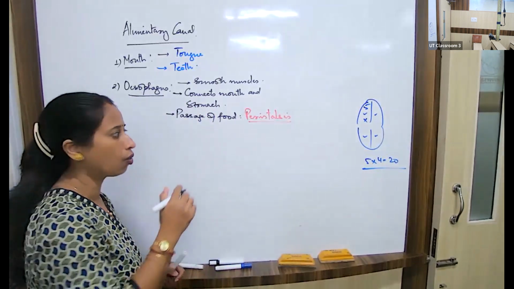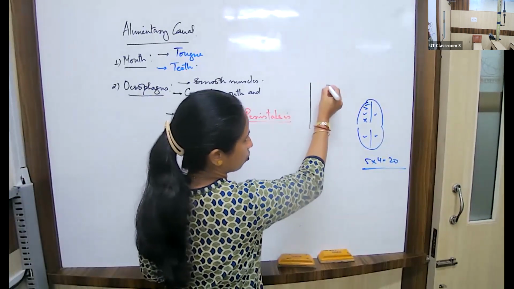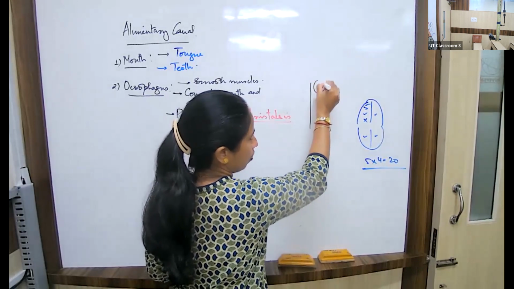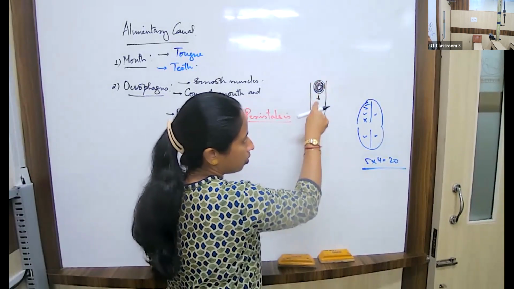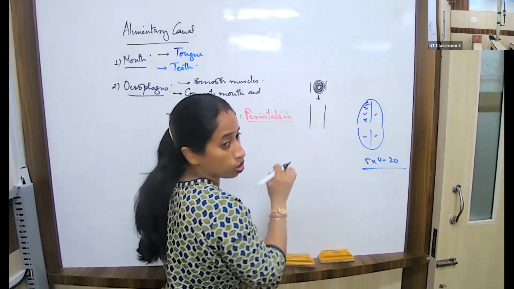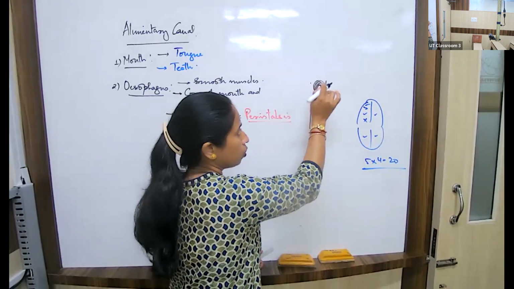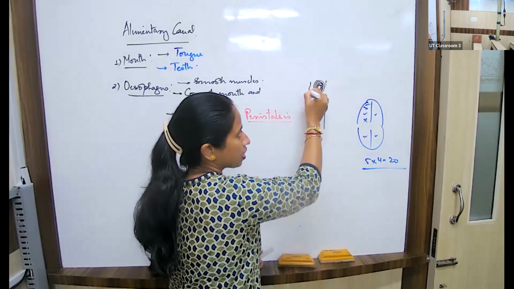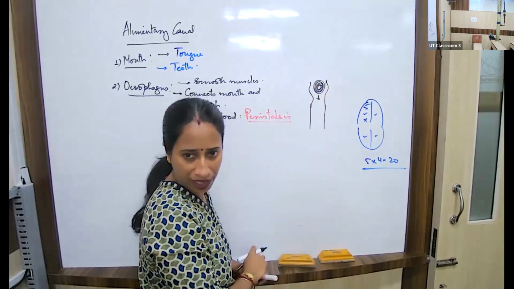I already mentioned that it allows the passage of food. How? Suppose this is the esophagus, allowing the passage of food. If this is the mass of food that has to move down, the esophagus will show some change in its structure. Wherever the food is, the esophagus takes a bulge.